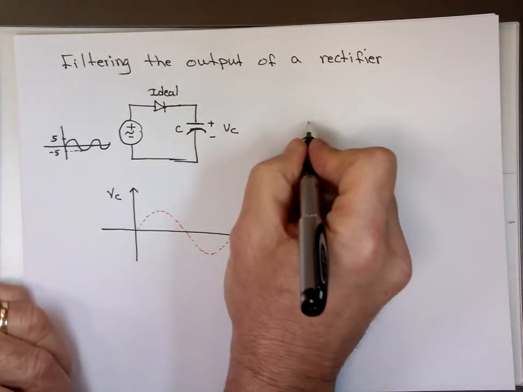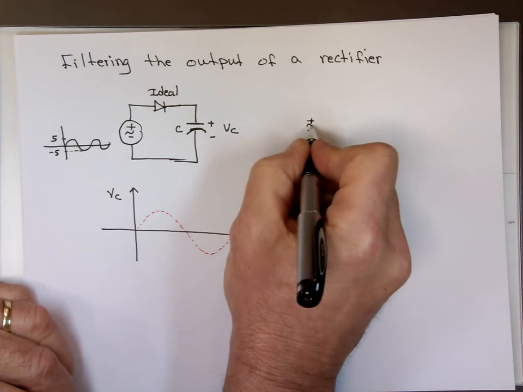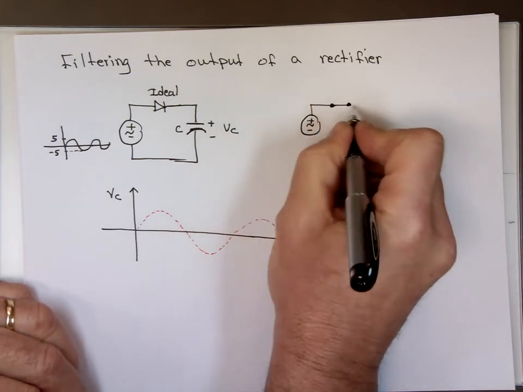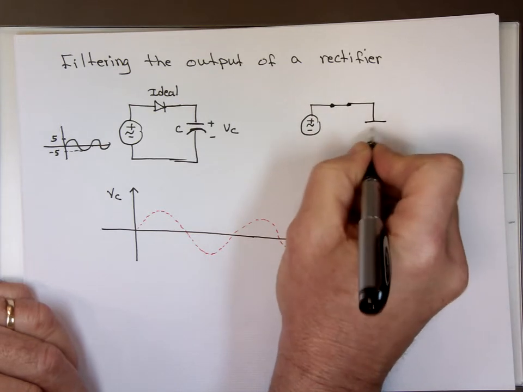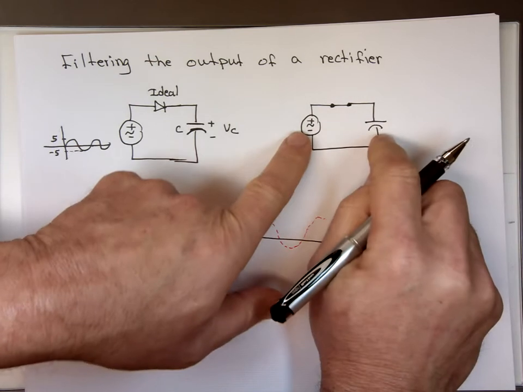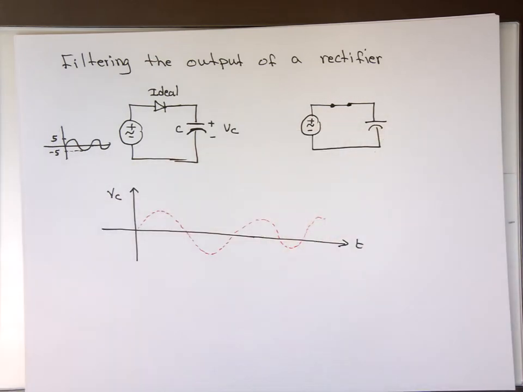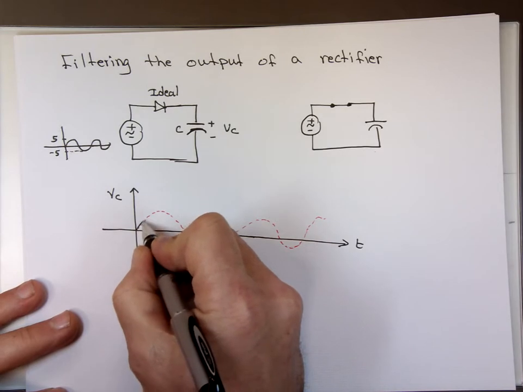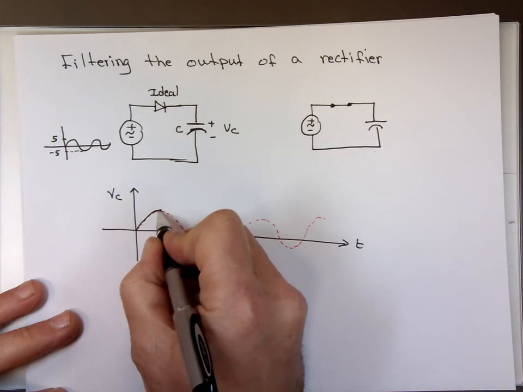So the circuit will look like this initially. This will be a short wire. There's my capacitor. So you can see these two are in parallel, which means they're going to have the same voltage. So right here, this will have the same voltage as the source up to this point.